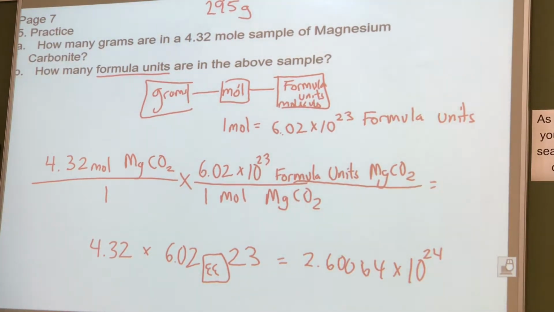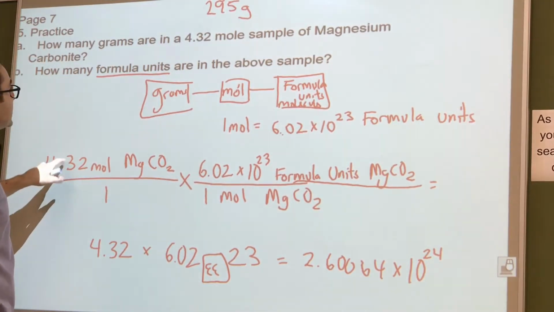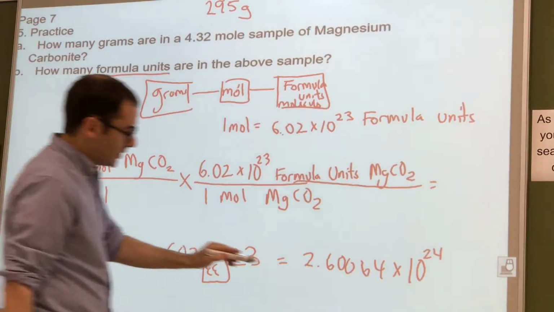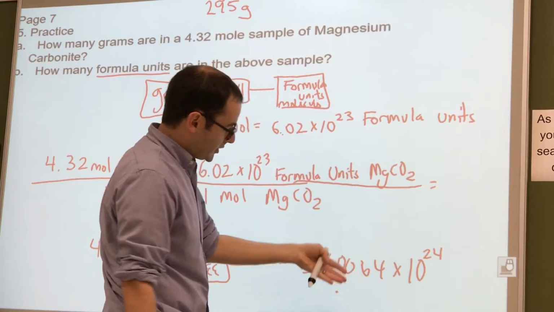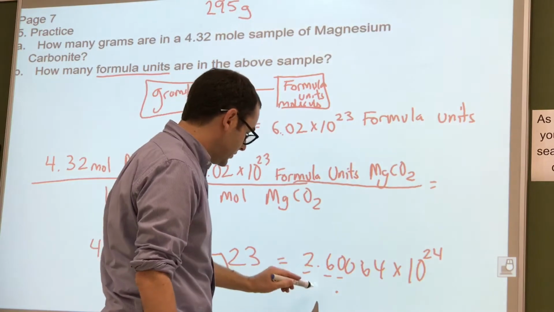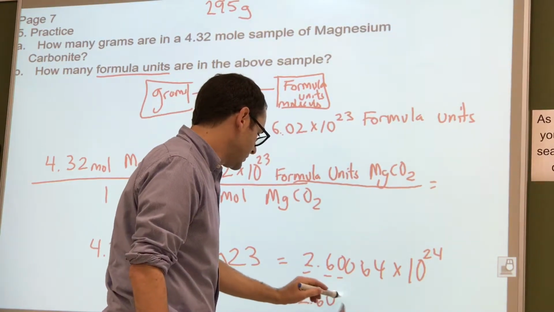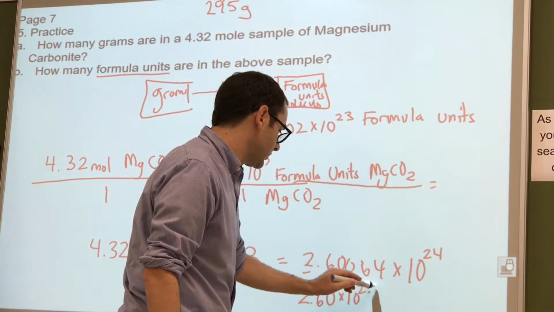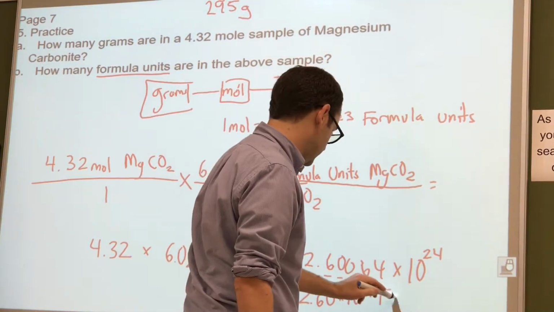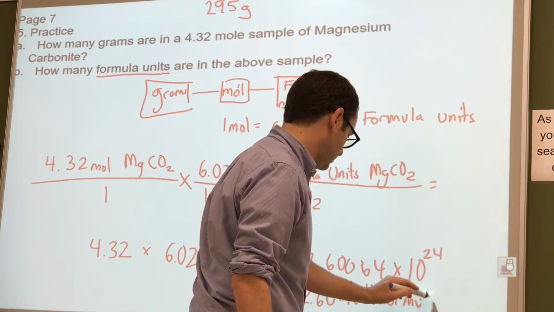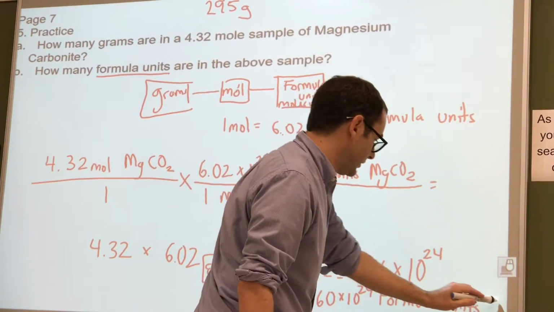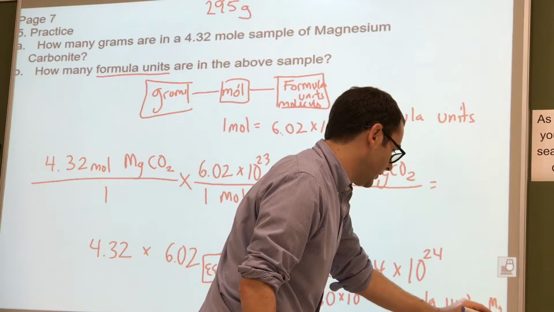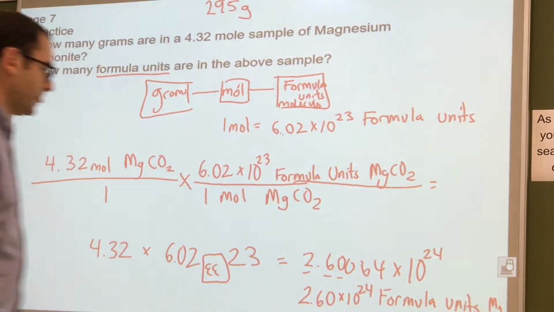What are we going to round it to? How many sig figs? 3, right? We're going to round it to 3 sig figs because what's given is 3 sig figs. So it's going to be 2, 6, and then that 0, because there's another 0 after it, we leave it. So it'll be 2.60 times 10 to the 24th formula units of magnesium carbonate, and I'm out of space.